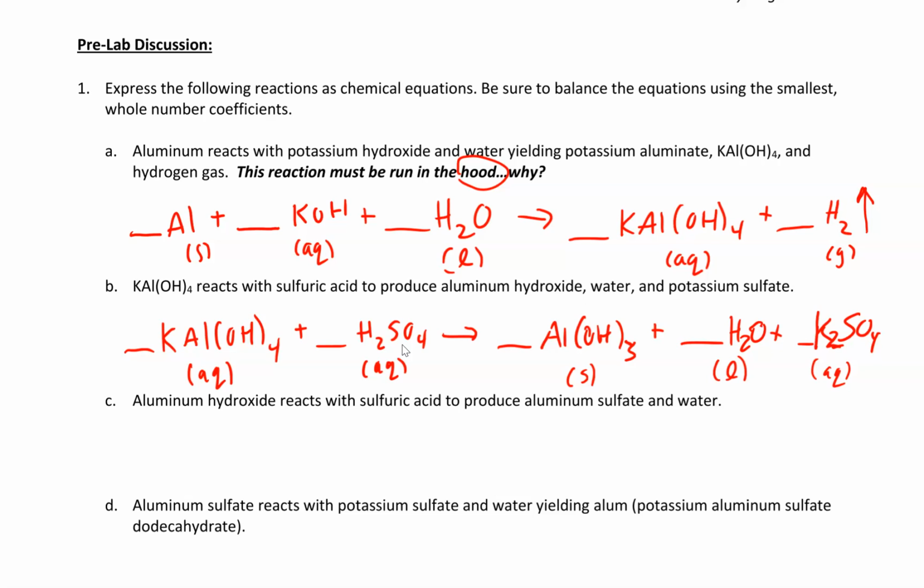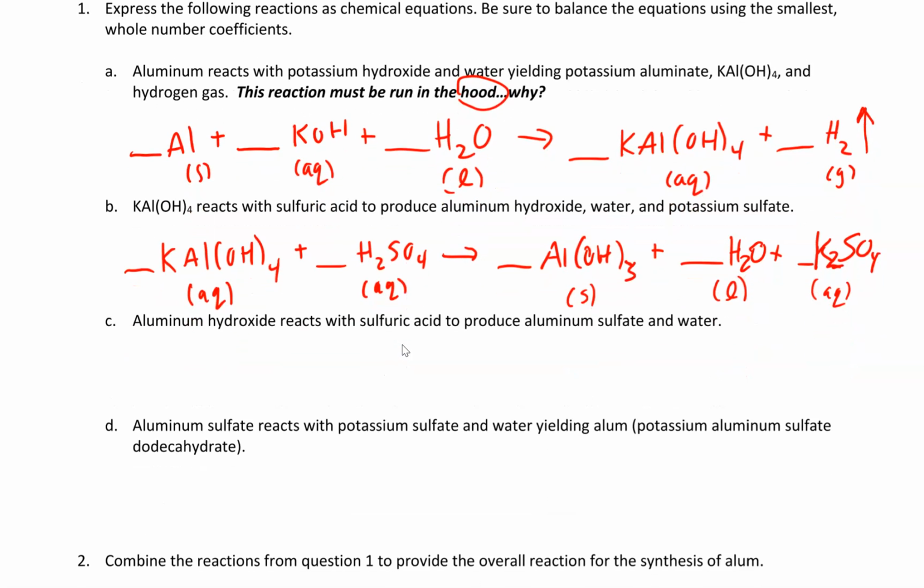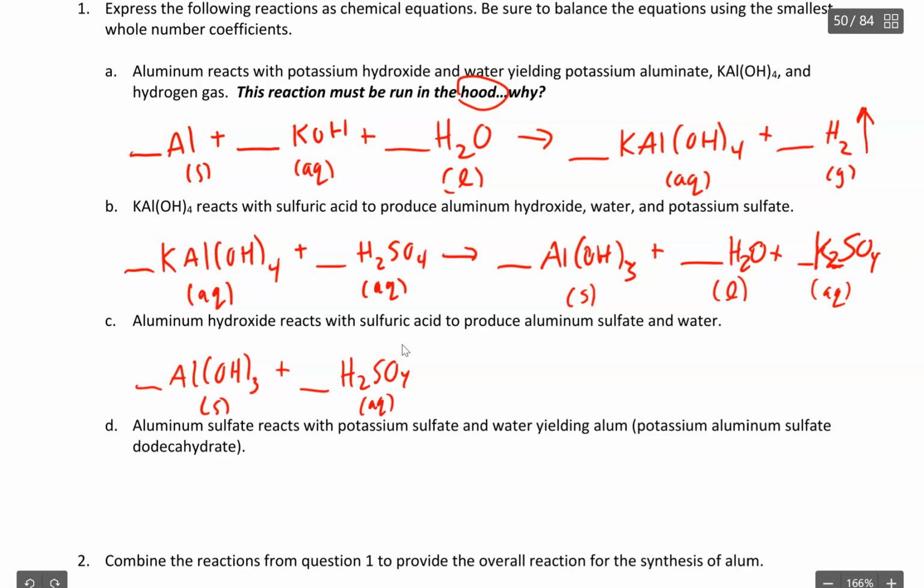You're going to take this mixture, get it on your hot plate, stir plate, get it heating up, and get it stirring. And the aluminum hydroxide that you've produced, that white solid, AlOH3, is going to continue reacting with the excess sulfuric acid, H2SO4, still aqueous, to produce aluminum sulfate, Al2SO43, and water.